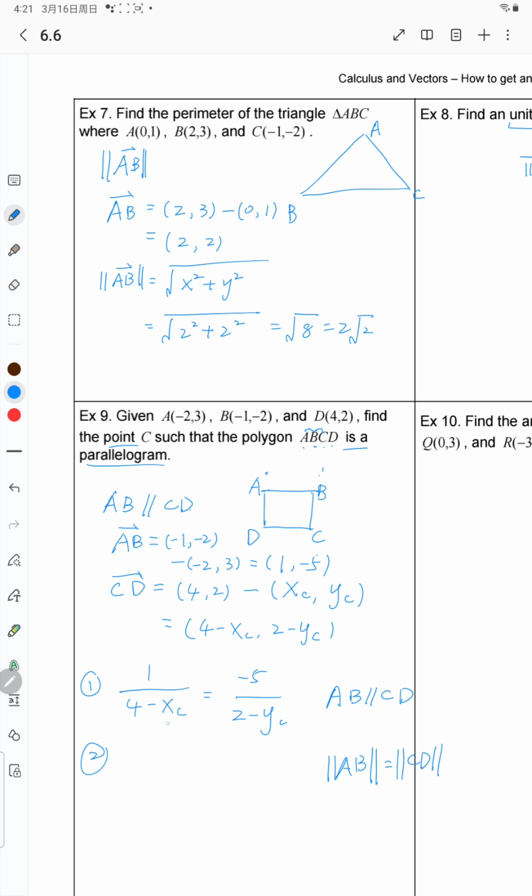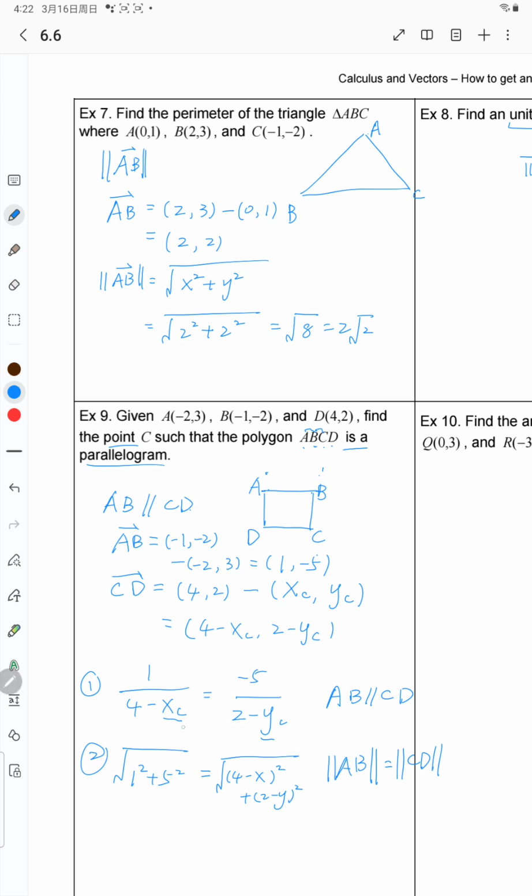We have two variables, x and y, so we need two equations to solve it, right? The length of AB is going to be 1 squared plus 5 squared, and the length of CD is going to be 4 minus x squared plus 2 minus y squared. Okay, so we have two equations to solve for two variables, right?